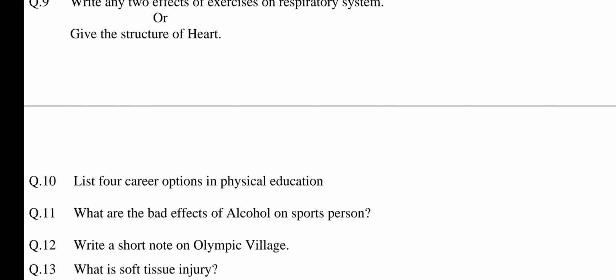Or give the structure of the heart. This question is also related to chapter number 2, physiological aspects of physical education. The answer may be: each person's heart is about the same size as that person's fist. A newly born baby's heart weighs only about 20 grams.